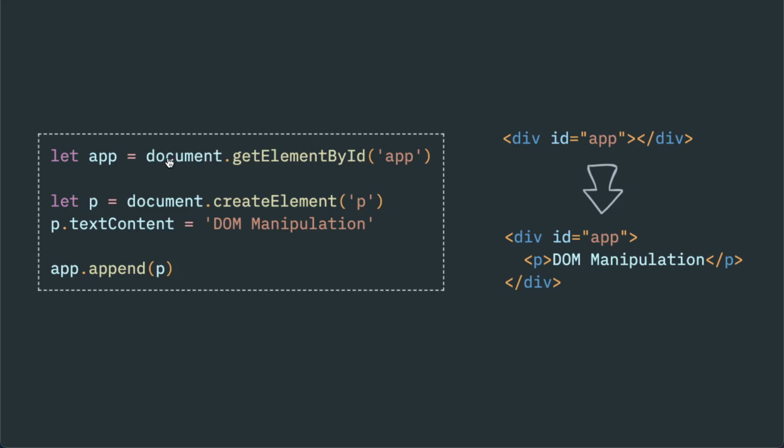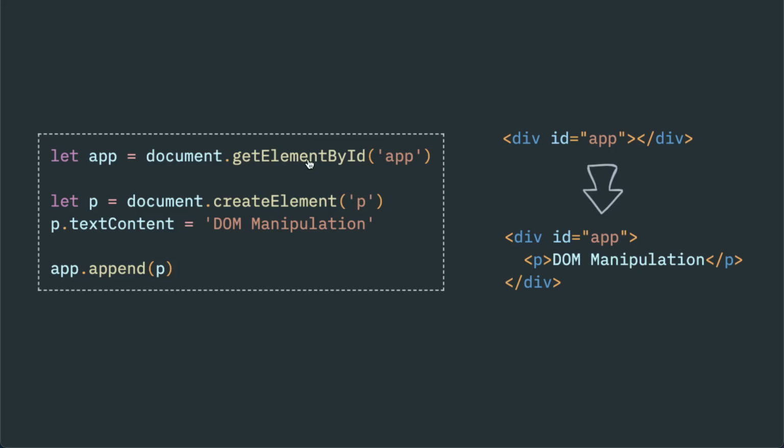So document is a global object which is available inside the browser, and it has lots of functionality which is helpful for the manipulation of the DOM. We are using getElementById, and there are different functions available, for example querySelectorAll, which has different capabilities.